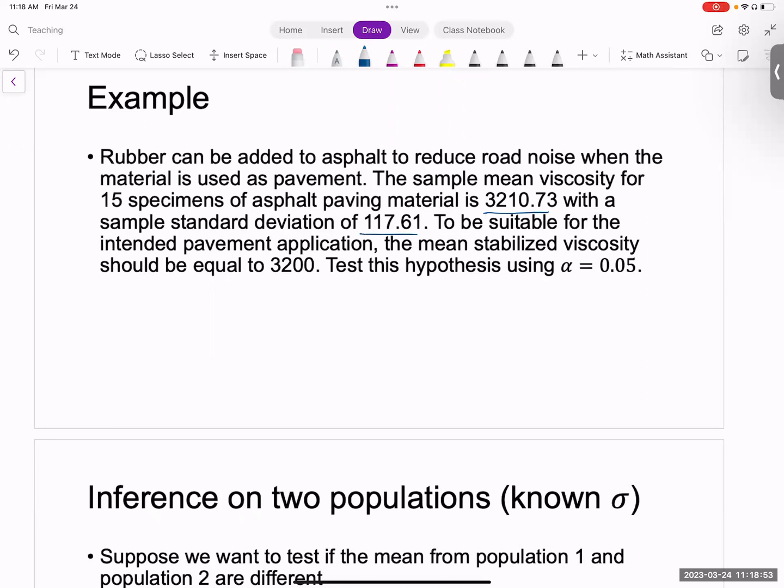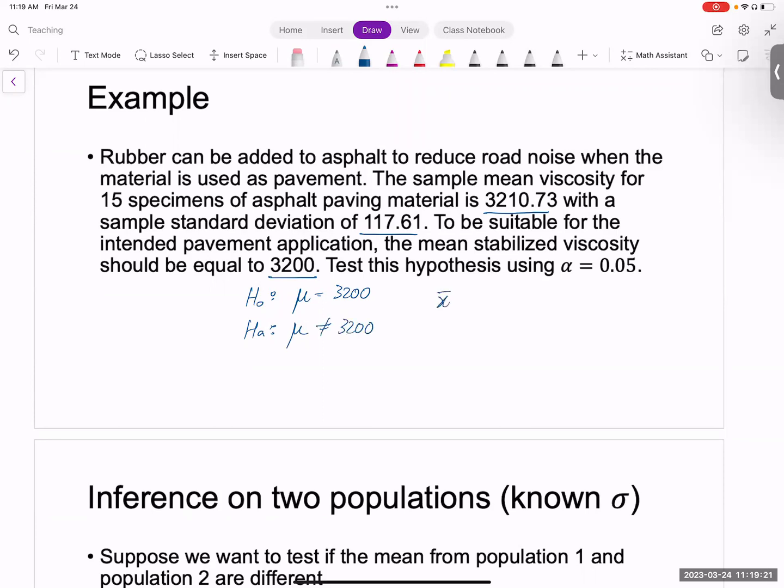To be suitable for the intended pavement application, the mean stabilized viscosity should be equal to 3200. So we are testing a hypothesis whether the mean stabilized viscosity is equal to 3200 or not. Your null hypothesis is mu equals 3200. Alternate hypothesis is mu not equal to 3200.